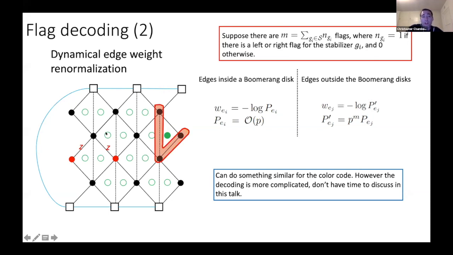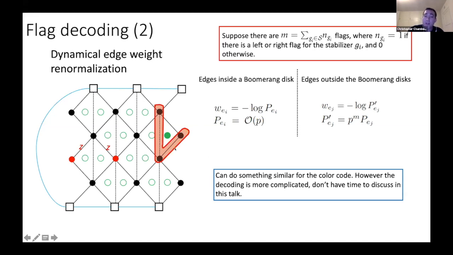And then for all edges outside of the boomerangs, we're going to take the original probability that's computed in the case where there are no flags, and then multiply it by p to the M. And you can show that by doing this trick, if you have a particular set of highlighted vertices and you choose the wrong path, so you choose a path that results in a logical failure, that path will always have higher weight than if you were to go through a path that goes through these boomerangs, renormalized edges, and actually corrects the data qubit error.